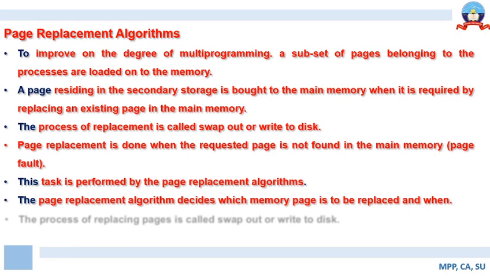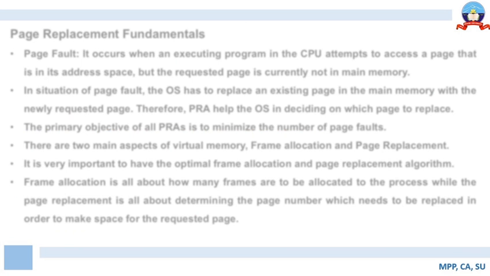In addition to that, the page replacement algorithm also decides which memory page is to be replaced and when it is to be replaced. And as I've said, the process of bringing in or moving out a page from the main memory is called swapping.